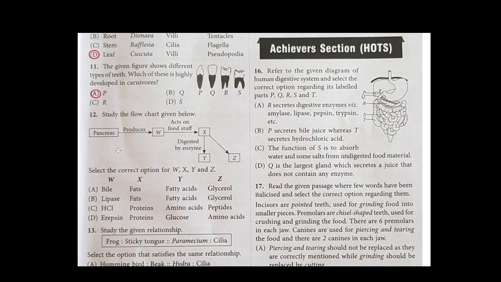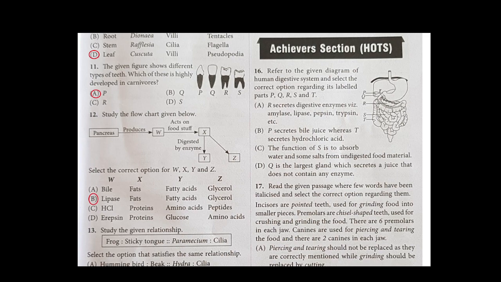It says pancreas produces W, then it acts on the foodstuff, that is X, and the X gets divided into two parts, digested by the enzymes Y and Z. So we have to find the correct option for W, X, Y and Z. The correct option is B. That is, pancreas produces lipase, then it acts on the foodstuff, that is fats, and they get digested into fatty acids and glycerol.